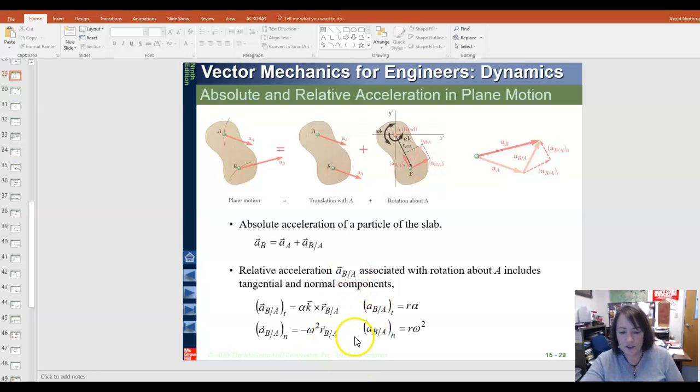Since this direction is well defined, we can say that, because we're in a plane, it's simple. If you're in three-dimensional motion, this becomes quite a bit more complicated mathematically.